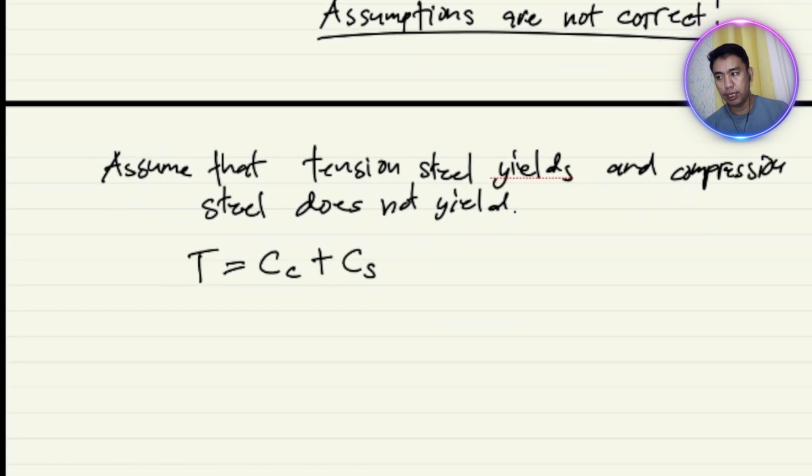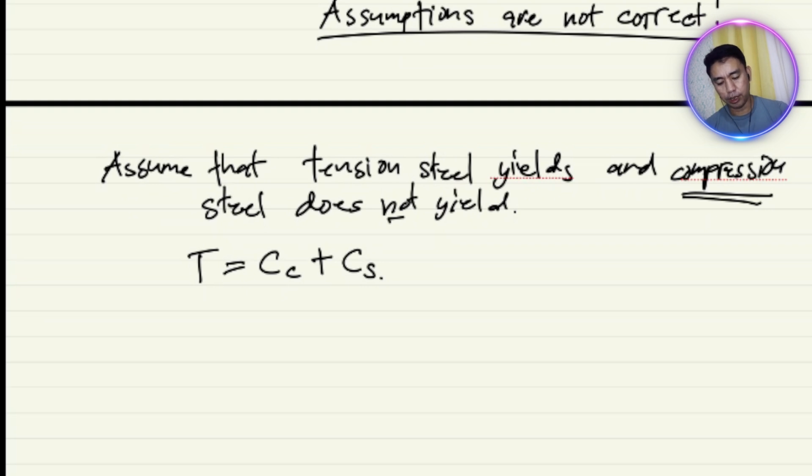Ang total tension sa baba kasi nag-yield yung steel sa baba, di ba? Total steel sa baba nag-yield. Ang kalaban niya is yung compression ng concrete at saka compression ng steel. But ang compression ng steel, take note, hindi na ito As prime Fy. Kasi nga ang assumption natin, ang compression steel does not yield.